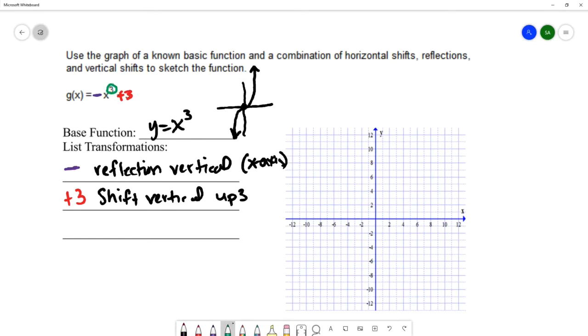So what I am going to pay attention to is, remember that the base graph crosses through (0, 0). So a reflection is not going to affect that (0, 0), but a shift up will affect that (0, 0). So I'm going to shift that point up 3. And then the reflection will change this portion that goes up. It will make it reflect down.